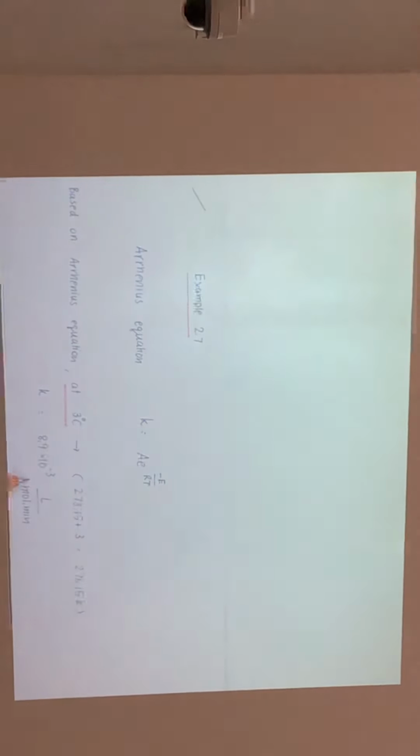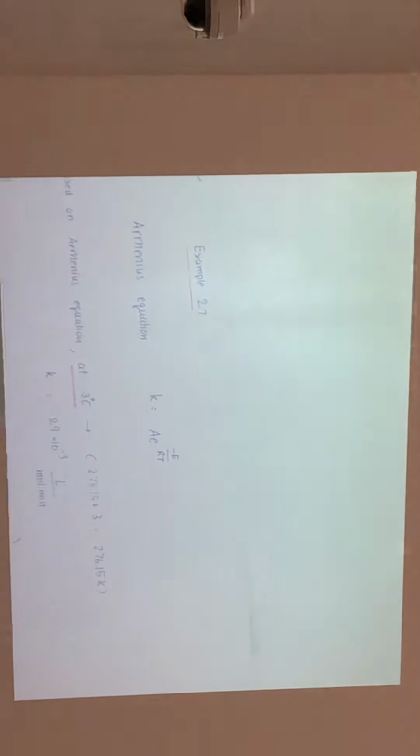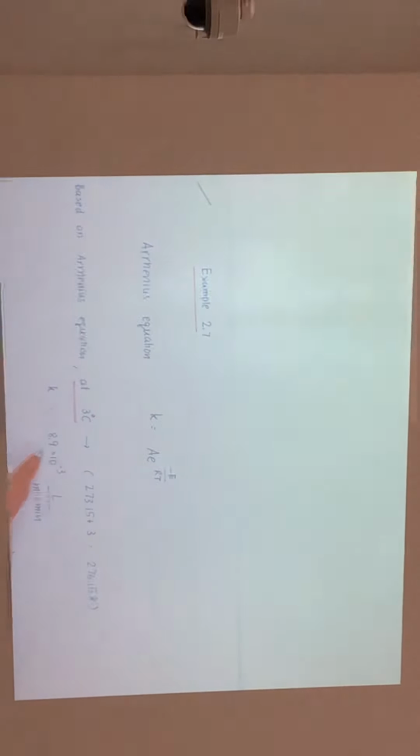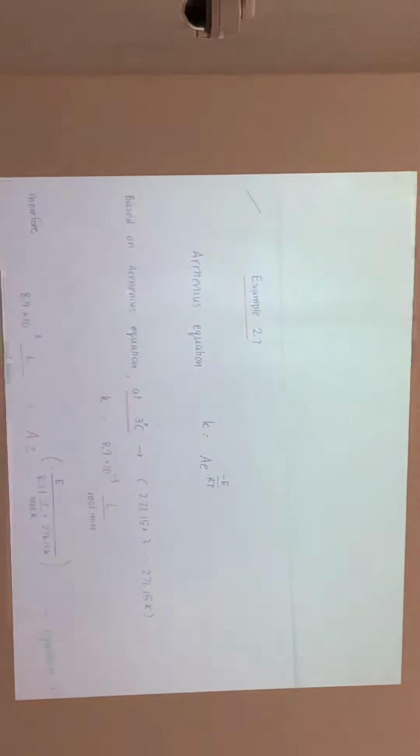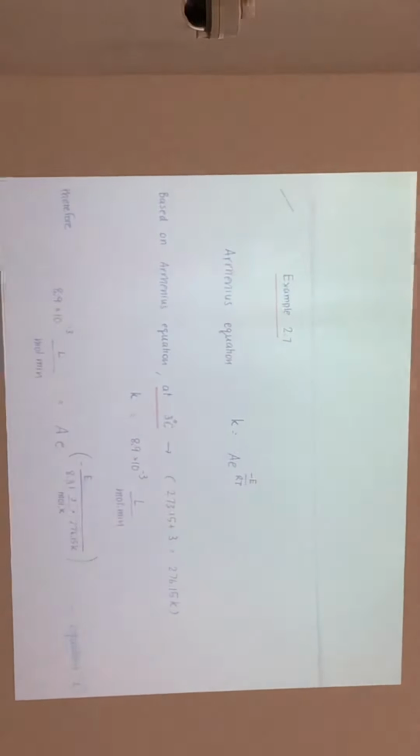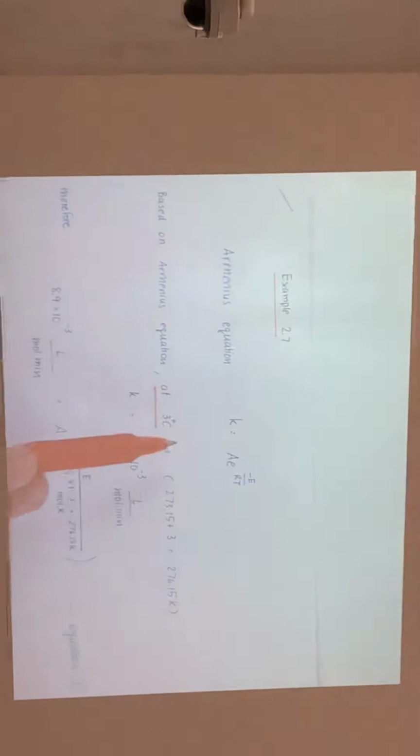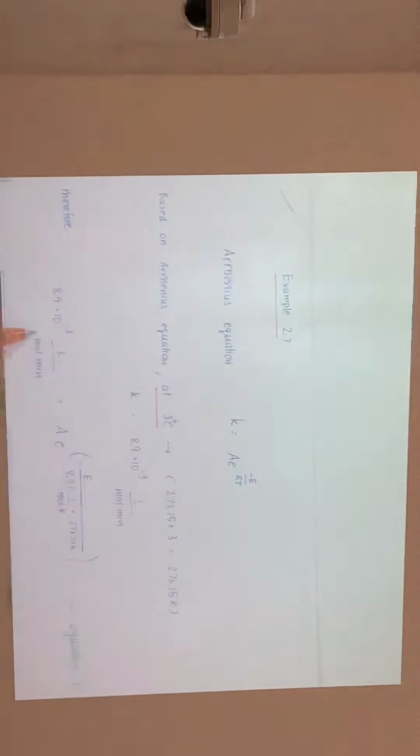If we refer back to the Arrhenius equation and substitute this number into it, we have K equals A, the frequency factor, times exponential of minus E over RT.